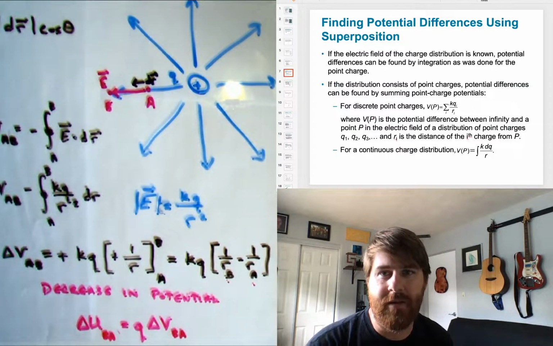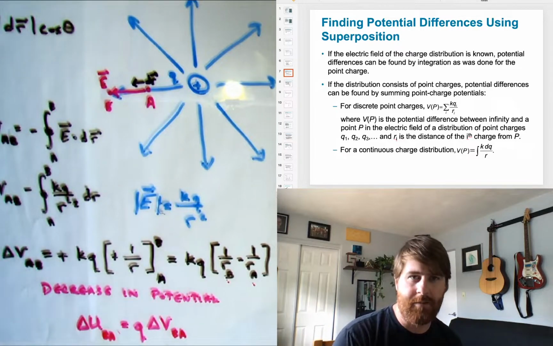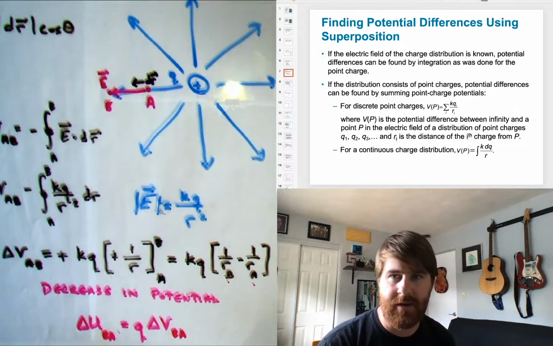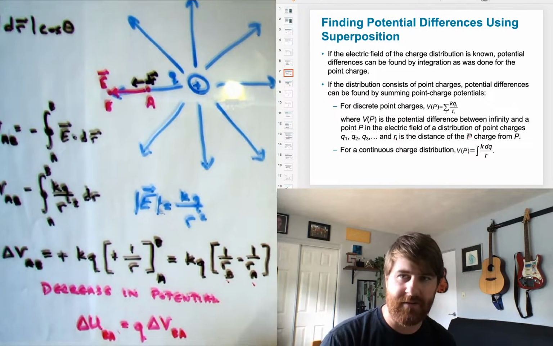Okay, so finding potential differences using superposition. I've got this one positive charge here, but now I could also write down a potential function for a positive charge.